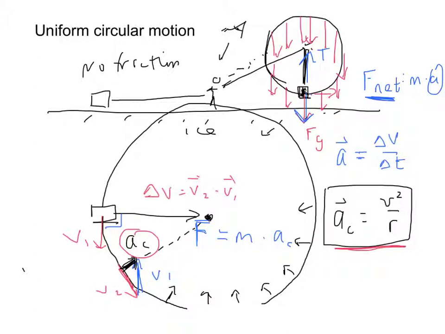At the top of the circle, the tension is going to be in the same direction as the gravity, so those are working together, but the acceleration is the same centripetal acceleration the whole time regardless. The only thing that changes is the net force. Okay, I hope this is helpful.